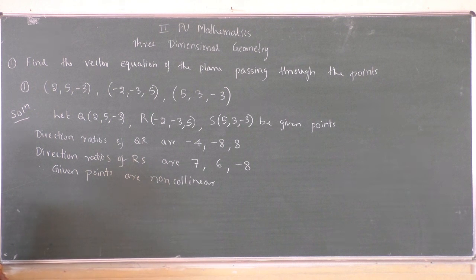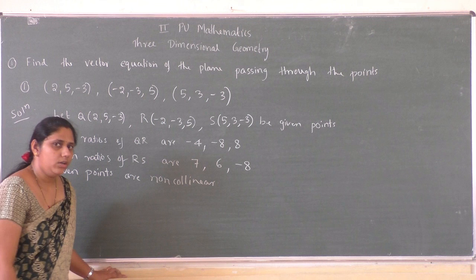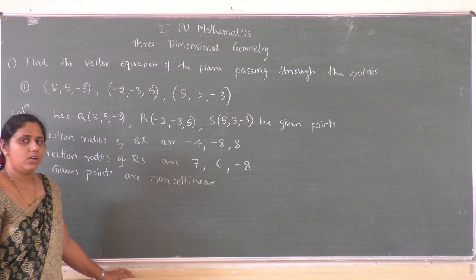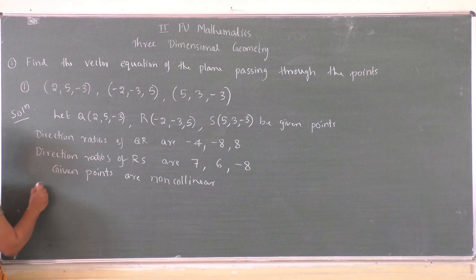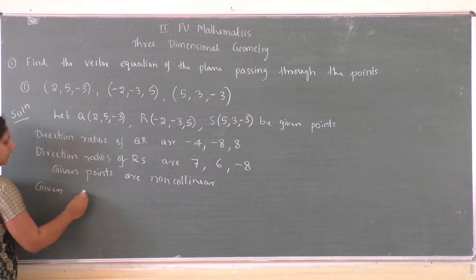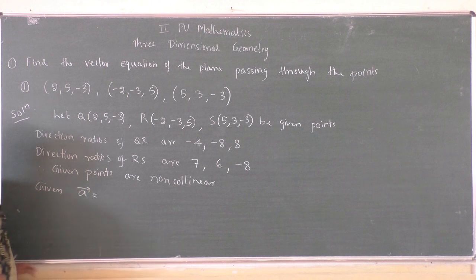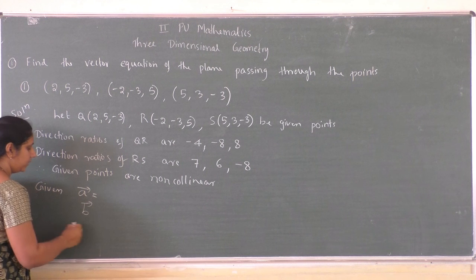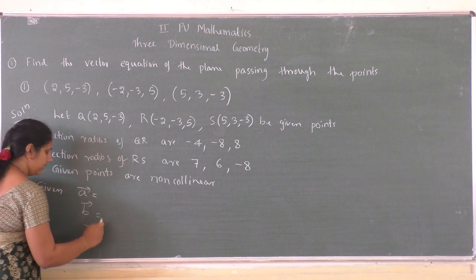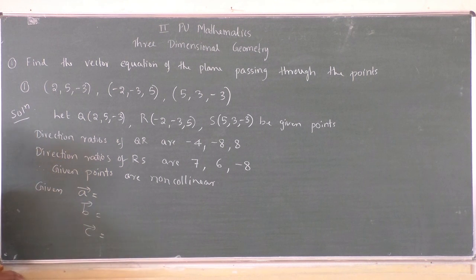So if the given points are non-collinear, you can use the earlier formula. What is the formula? (R vector minus A vector) dot (B vector minus A vector) cross (C vector minus A vector) equal to 0. So now write the given condition. If Q is given, you can write what is vector A. R is known, so you can write what is vector B. S is given, and hence you can write what is vector C. So what is A vector?